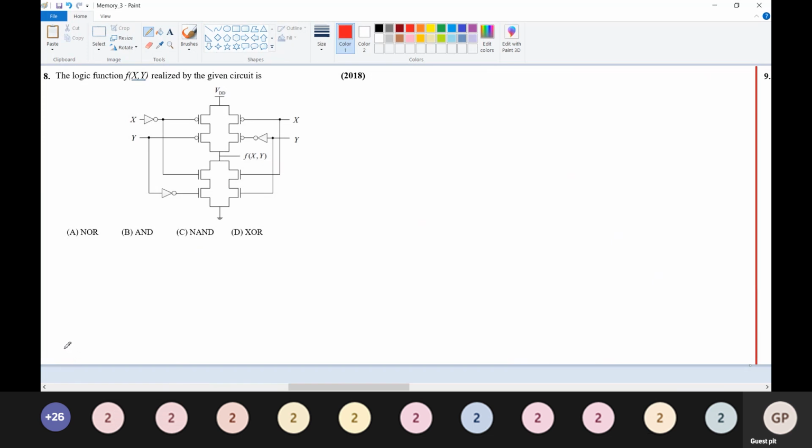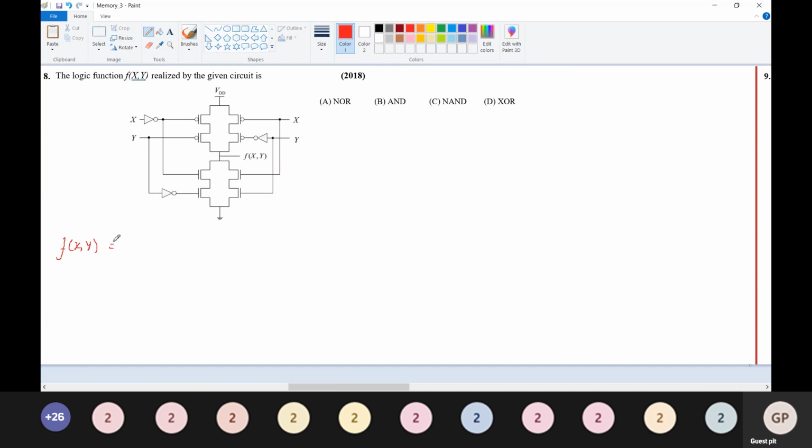First, we'll consider this as an NMOS circuit, and the inputs are the inputs of f of x comma y is equal to.